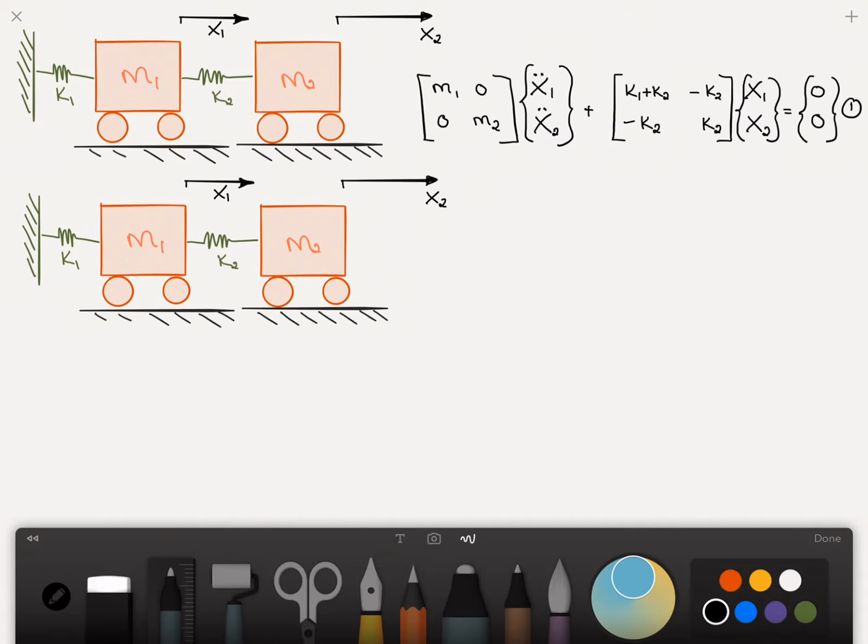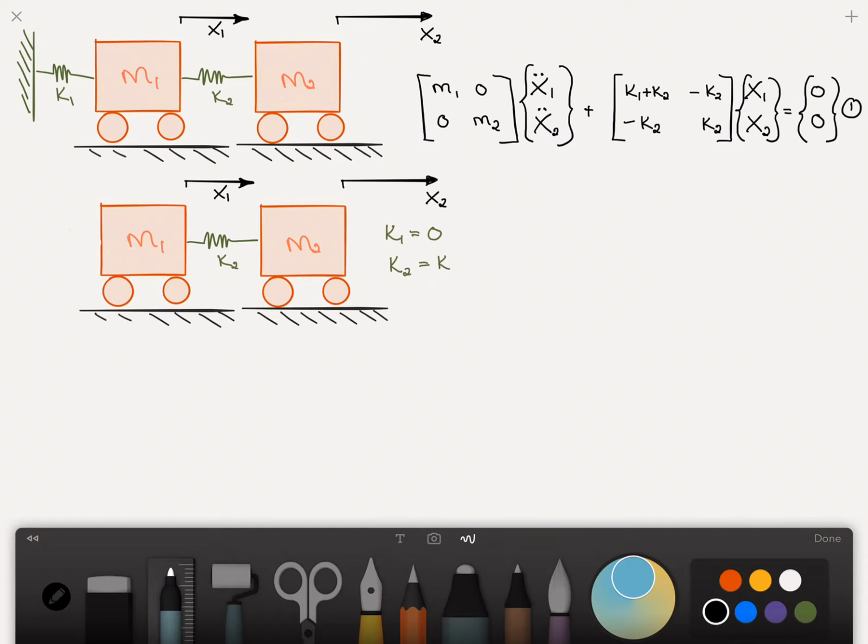Okay, and then what we will do is effectively set K1 equal to 0, which is the equivalent of just deleting that. And I will say here that K1 is equal to 0, and that K2 would be equal to K in this case.